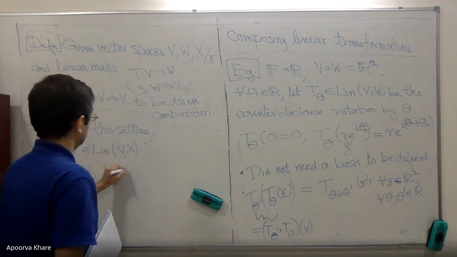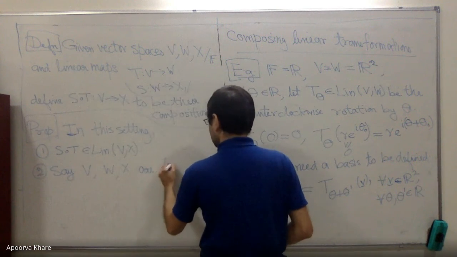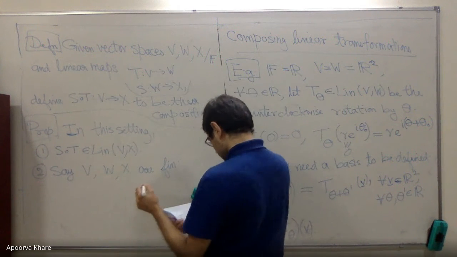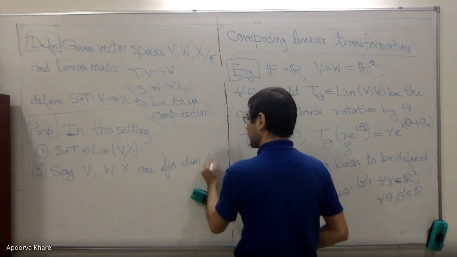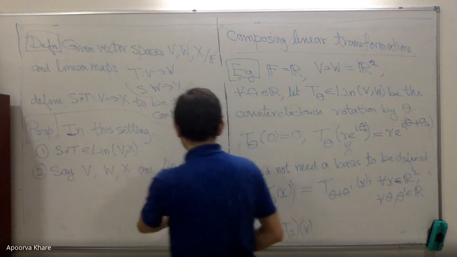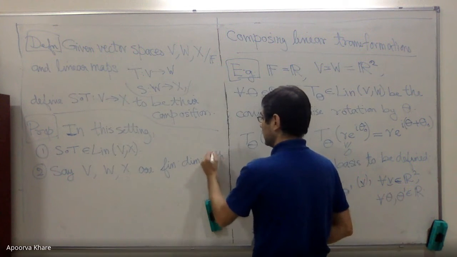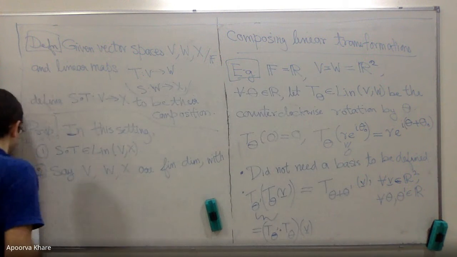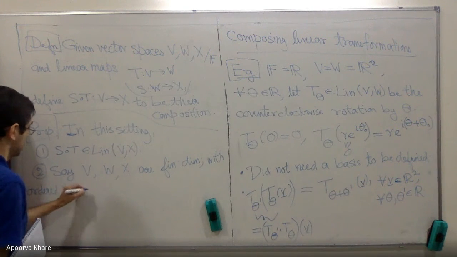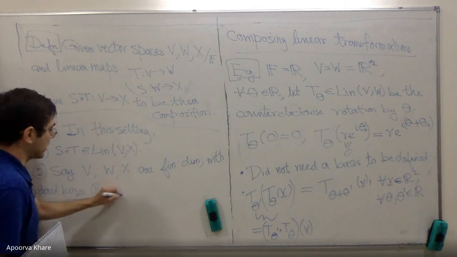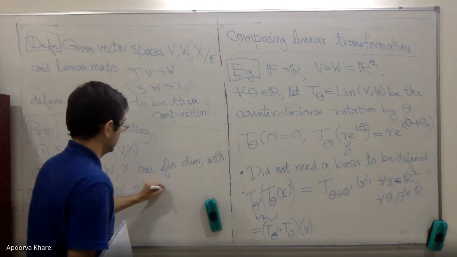But secondly, now suppose I also add ordered bases. V, W, X are, I did not say finite dimensional, so now I will. So they are all finite dimensional over F, with ordered bases B, B prime, B double prime, respectively.